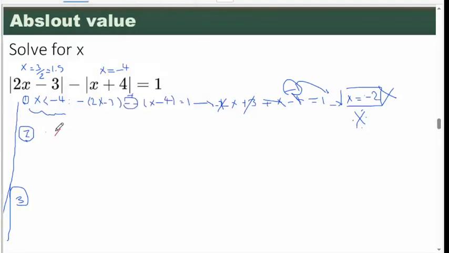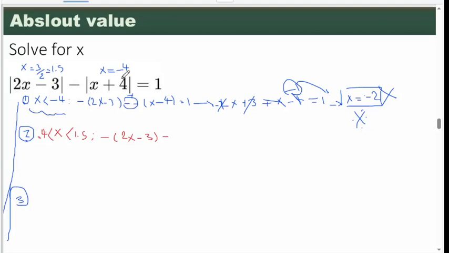I get x this time between two critical points. That means larger than negative 4 and smaller than 1.5. So less than 1.5, to get rid of the first absolute value sign, I have to multiply inside it by negative because it's less than 1.5.